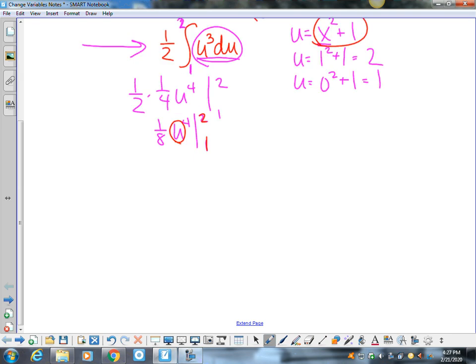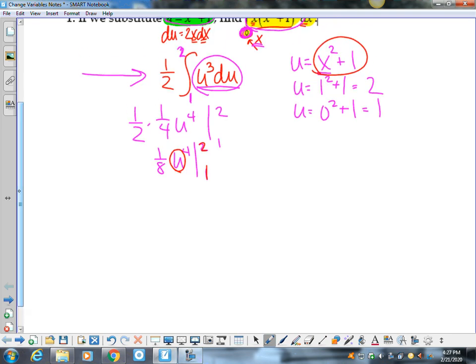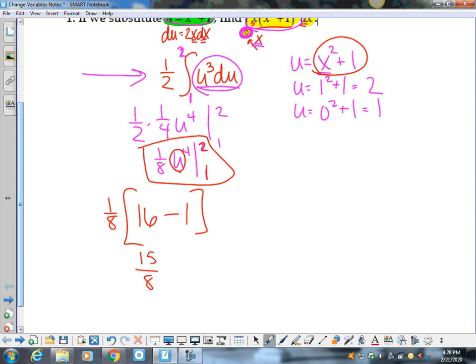So since you've gone ahead and converted your upper and lower bounds to u's, you can evaluate this right here without ever substituting your x squared plus 1 back in. So this is going to be 1/8, then 2 to the 4th, which is 16, minus 1 to the 4th, which is 1. So that's 15/8. And that's your answer.